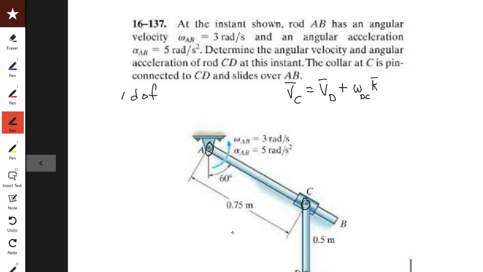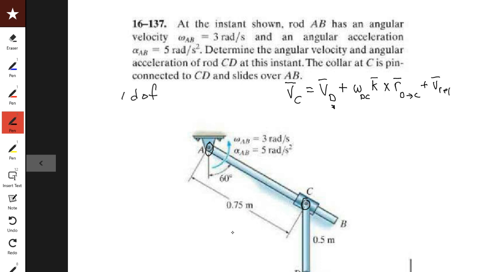I have no idea what it's going to do, so I'm going to say it's a positive omega DC K. So I think it's going counterclockwise, crossed with, and the R has to always go from the point that you have on the right hand side to the other point. So it's going to go from D to C. So R_DC plus V_REL. Right? There's always the plus V_REL.